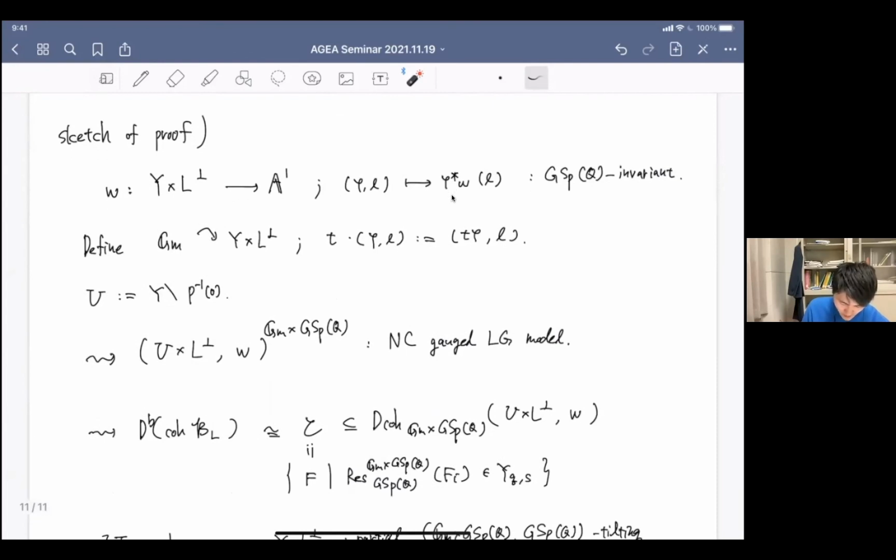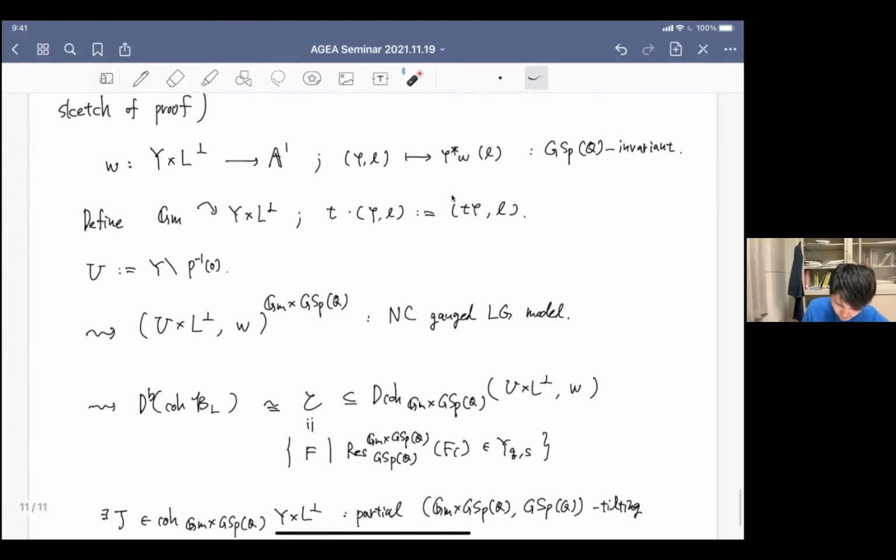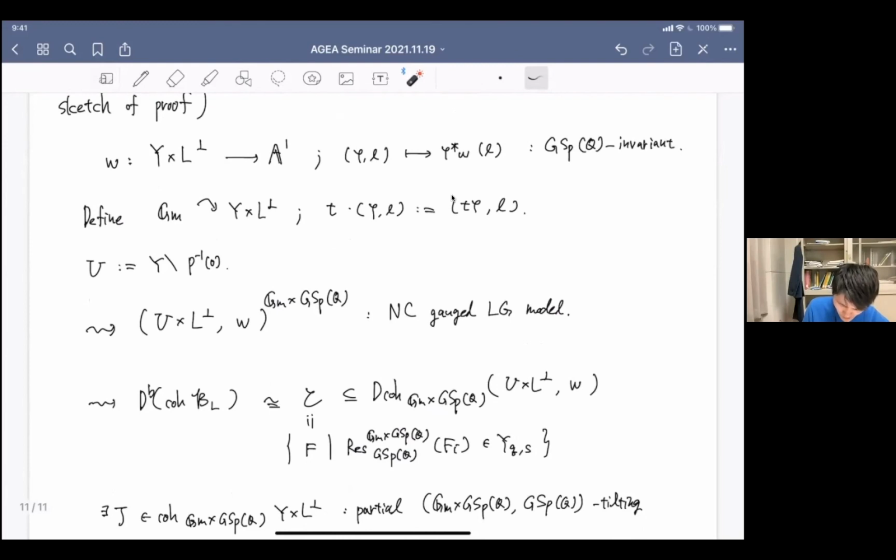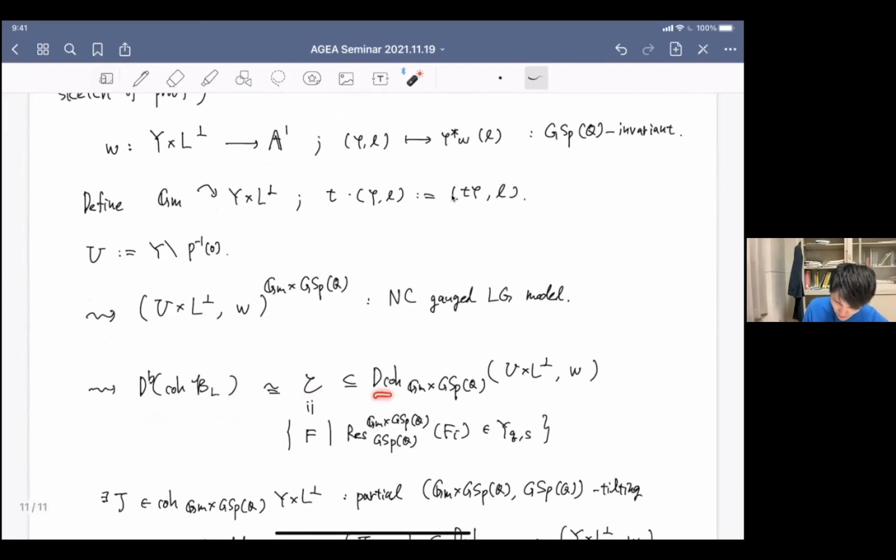And then we have an equivalence between this category and this category C. And C is a subcategory of this category defined in this way.